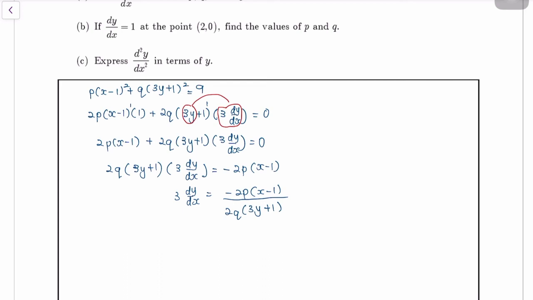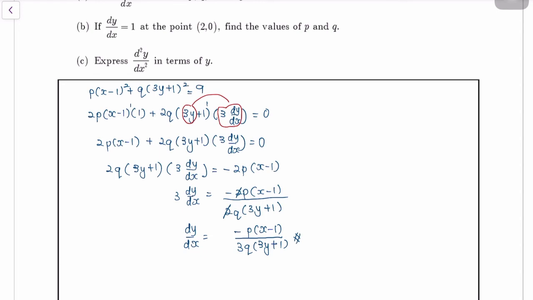Then 3 ni pun boleh, kejap, saya potong dulu 2, cancel out 2 and 2. Then bawa 3, dy over dx equals to negative p(x minus 1) over 3q(3y plus 1). Okay. So, simple je lah. Kalau tak nak negatif dekat P pun tak apa, boleh masukkan je negatif dekat dalam. Tapi nak macam ni pun okey, tak ada masalah dah. Okay. So, this is our dy over dx.